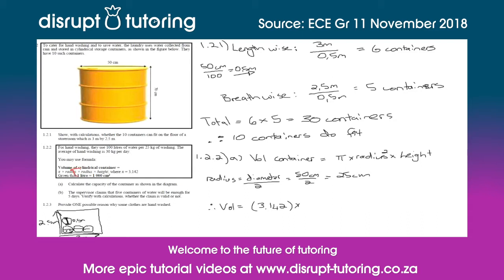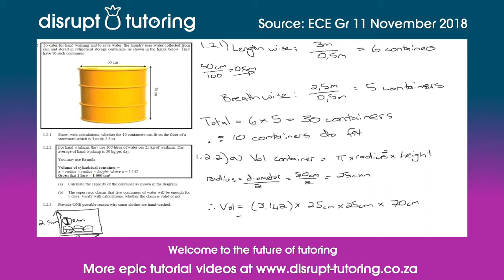If you can see here, it's 2 of your radiuses, so it's radius squared, so we'll double up on the amount of radiuses we multiply by, so it'll be 25 centimeters times 25 centimeters, because it's radius squared, and then we multiply by the height, which is 70 centimeters.